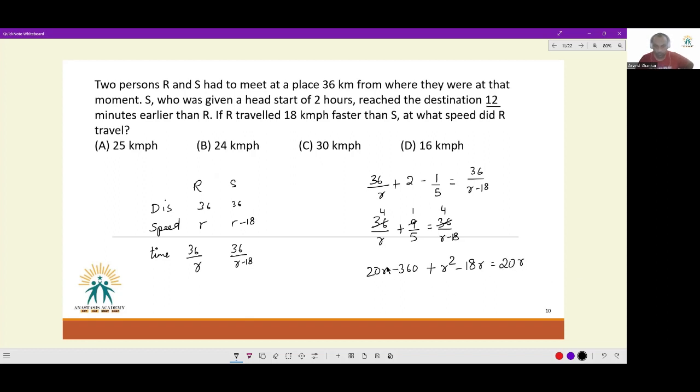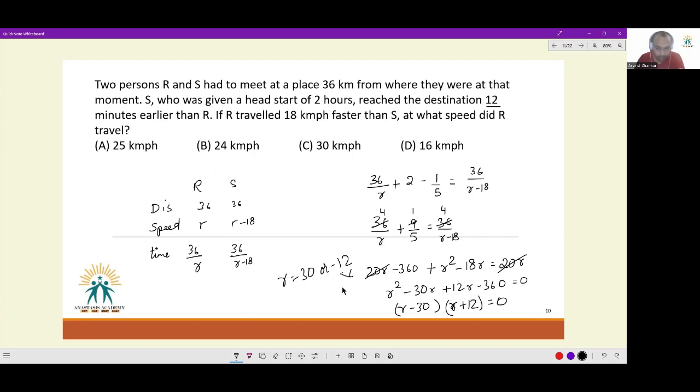This and this goes away. I'm left with R square minus 30R plus 12R minus 360 is equal to 0. So R minus 30 or R plus 12 is equal to 0. So speed of R is equal to 30 or minus 12.